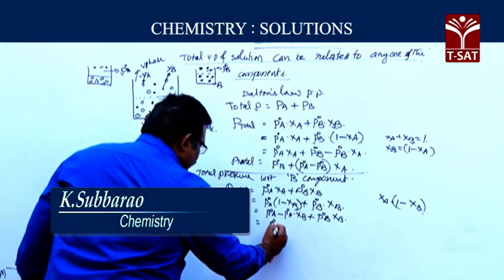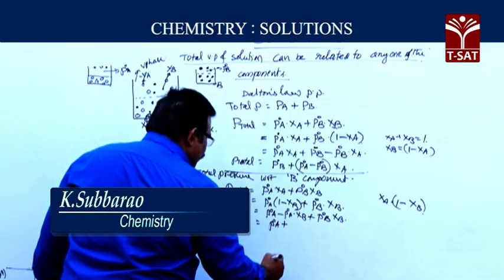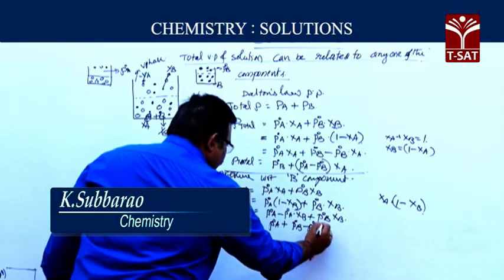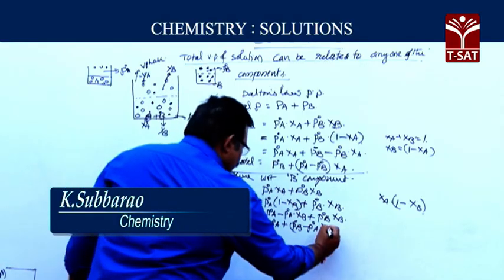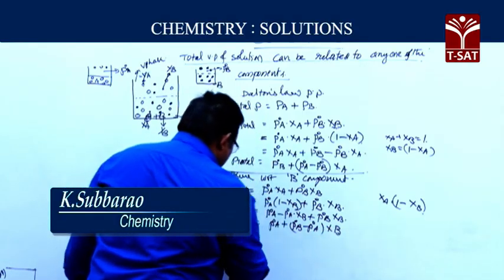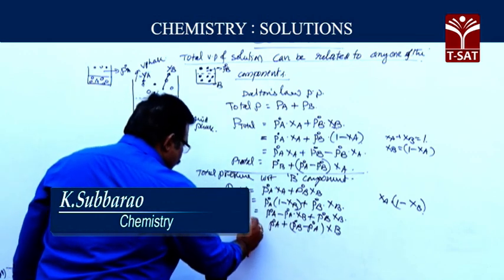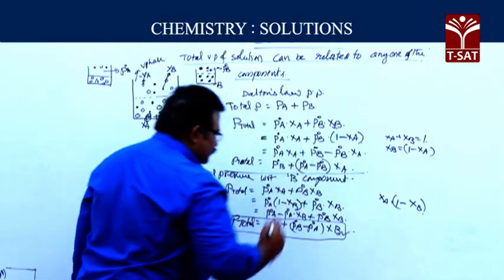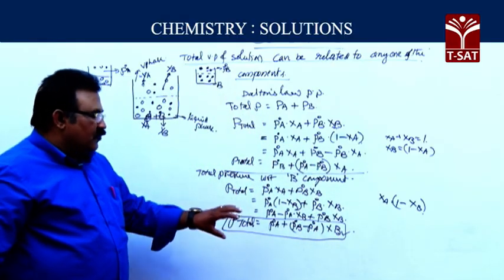Therefore, P0A plus P0B minus P0A into XB. This is the total pressure of the liquid with respect to mole fraction of the B component.